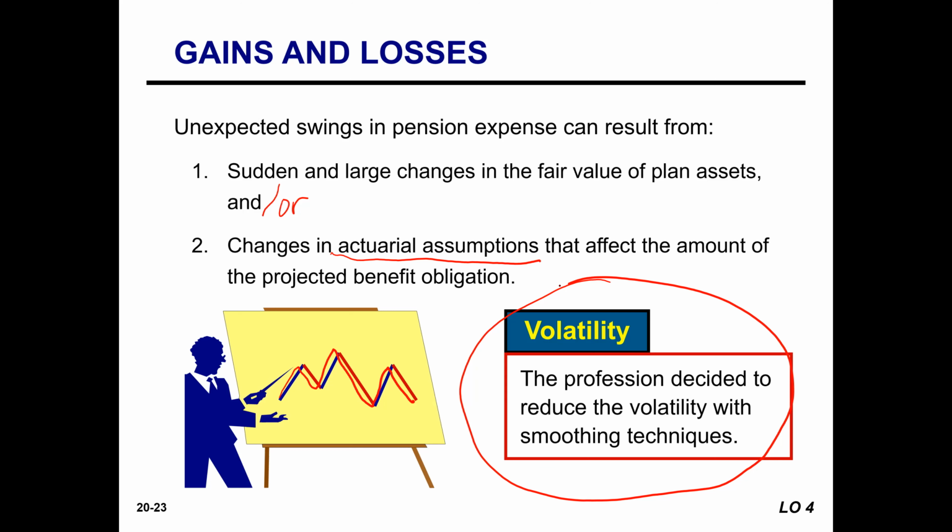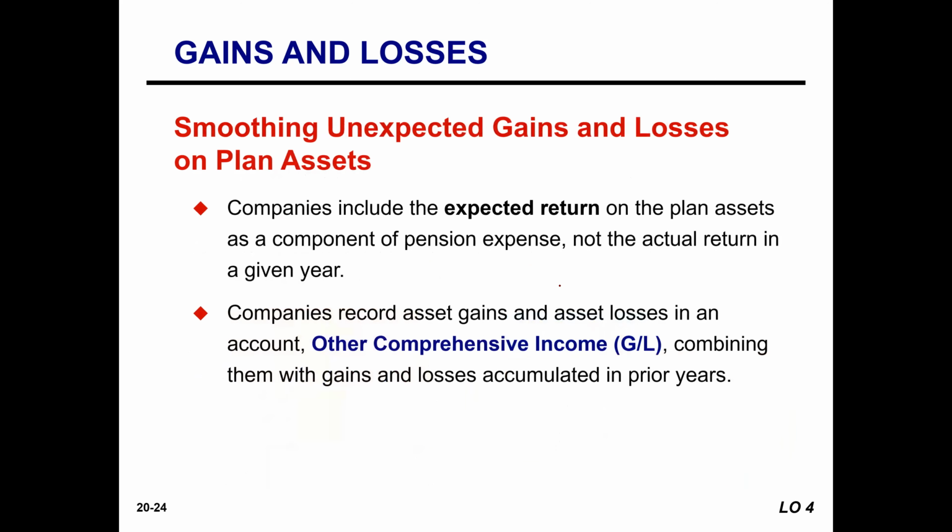We'll see examples of it and get practice with it in class together. But first, smoothing unexpected gains and losses on plan assets: companies include the expected return on the plan assets as a component of pension expense, not the actual return in a given year. So that's one way.